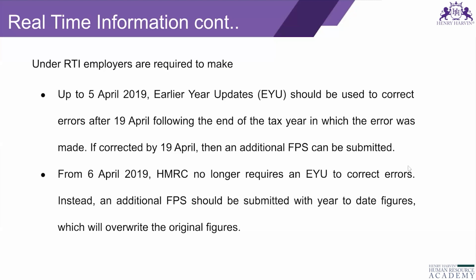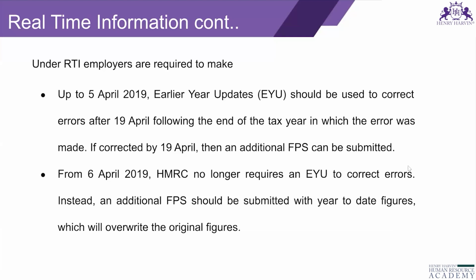Okay. EYU should be used to correct errors after 19th April following the end of the tax year. Why? Because whatever you processed in the last month, mainly March, the last month of the financial year, you report everything by the 19th of the next month. You remember? Because if you pay manually, you have to send it by 19th.